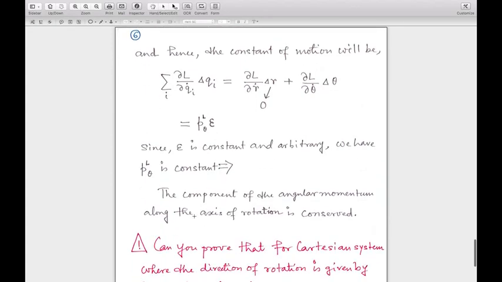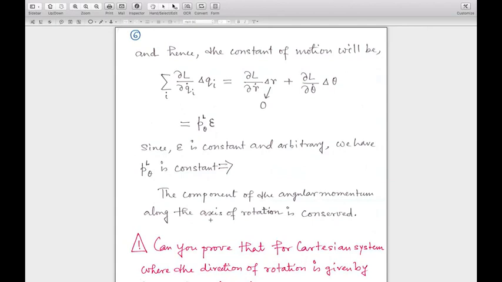So the component of the angular momentum along the axis of rotation is conserved. And as you all know, just by knowing the definition of central force, if you know how to write the velocity vector in 2D polar coordinates, then if you write r cross mv, you will see that the angular momentum vector is only directed along the perpendicular of the plane of motion.